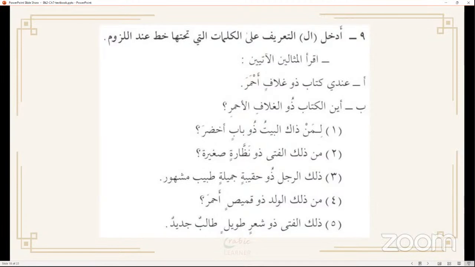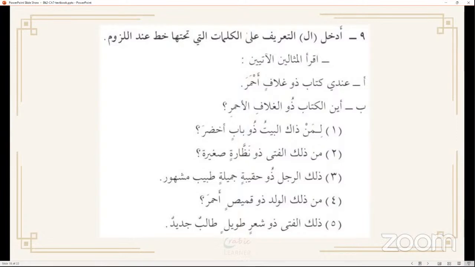Now there are sentences given in this exercise, and here you need to put al appropriately wherever it is required. The sentence may require al and it may not require al. The sentence might be correct.